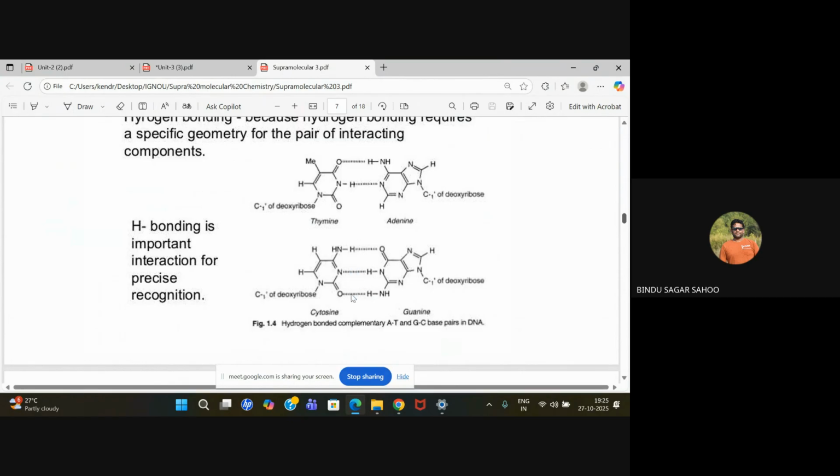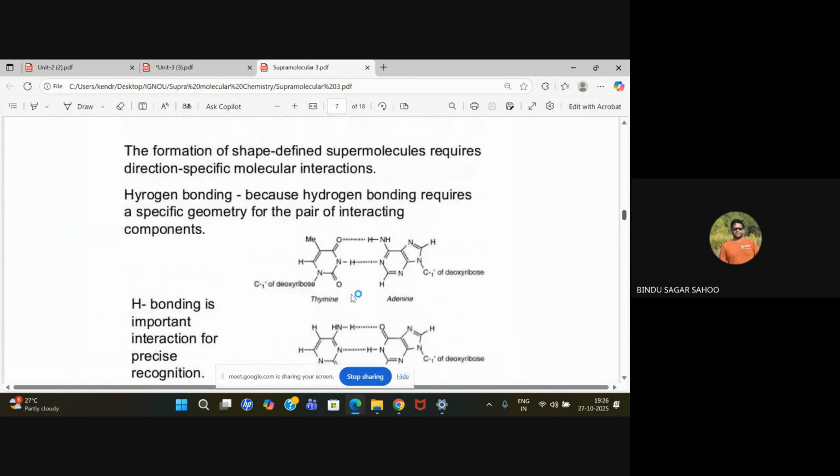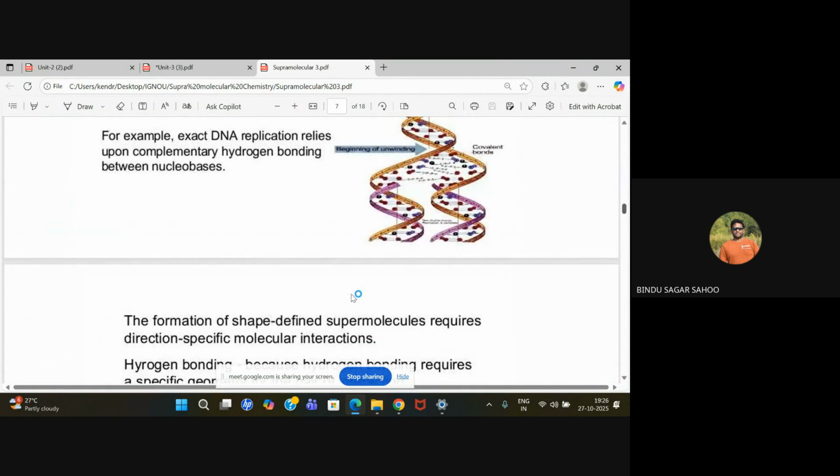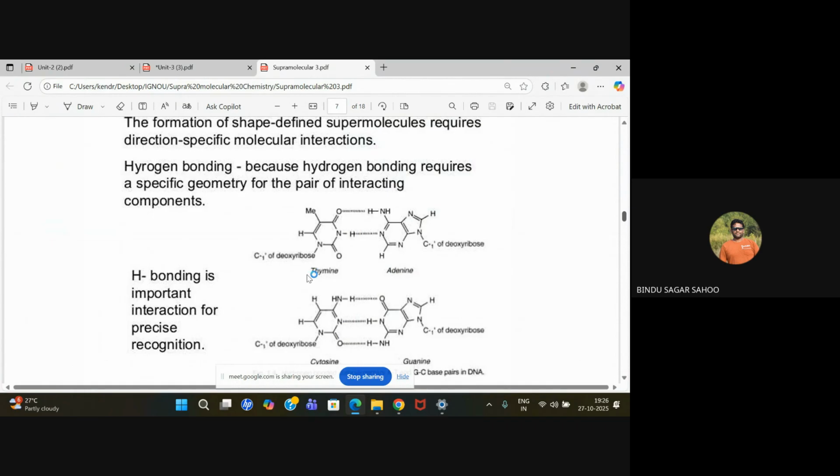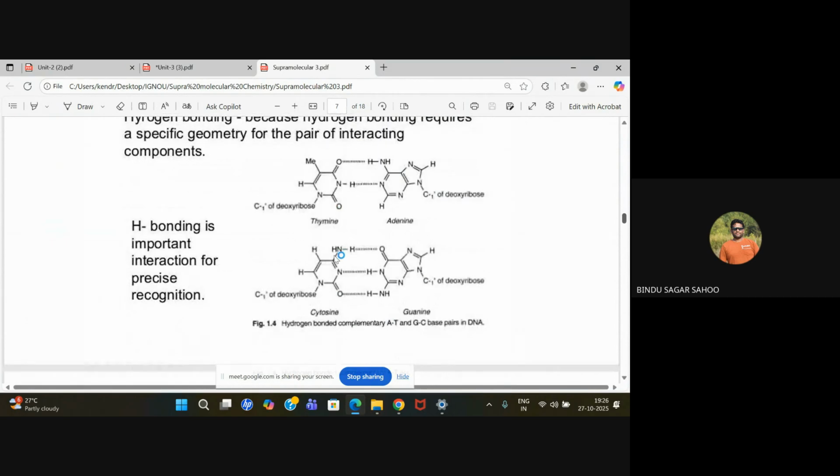So this is just like a programmed manner. This is nature's programming, but now scientists can also artificially make proteins by supplying a programmed order of amino acids. So this combination is always favored, just like a programming nature. Thymine never combines with guanine or cytosine. Okay, just like that.